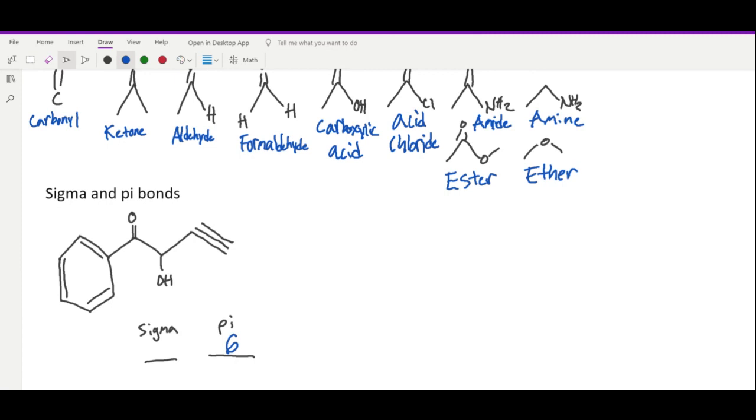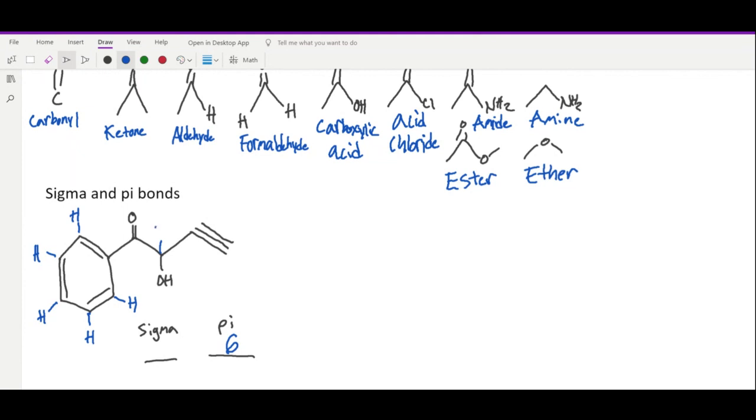Now sigma bonds are going to be a little bit tricky, and I haven't done this, so I'm going to do it with you guys. So remember to count your hydrogen bonds. Remember in organic chemistry, carbons and hydrogens are not shown. Hydrogens will be shown if they are bonded to an atom other than carbon.